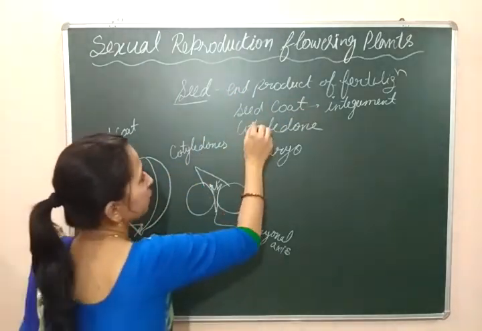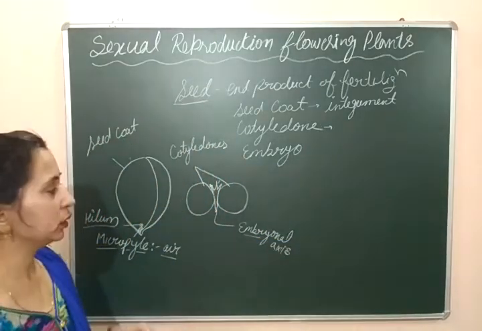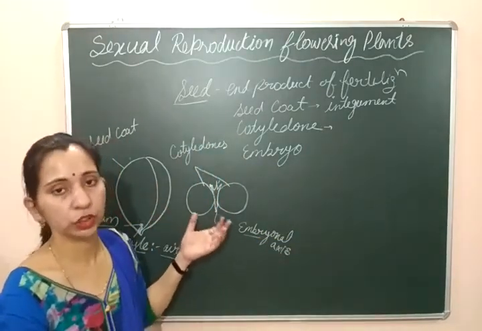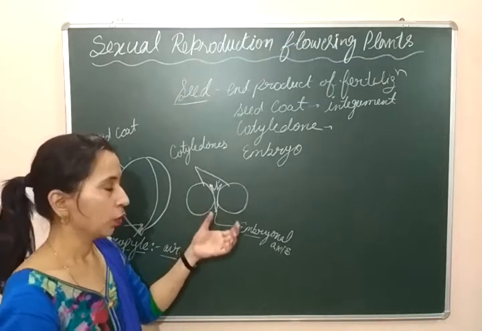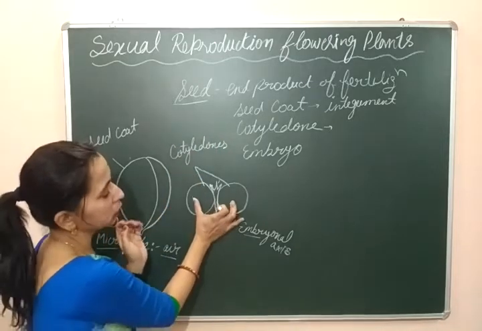The next thing that we will discuss here is the cotyledons. Cotyledons are the reserve food material which gives nourishment to the growing embryo. Growing embryo को nourishment देने के लिए जो structure present रहती है seed के अंदर, this is the cotyledon.